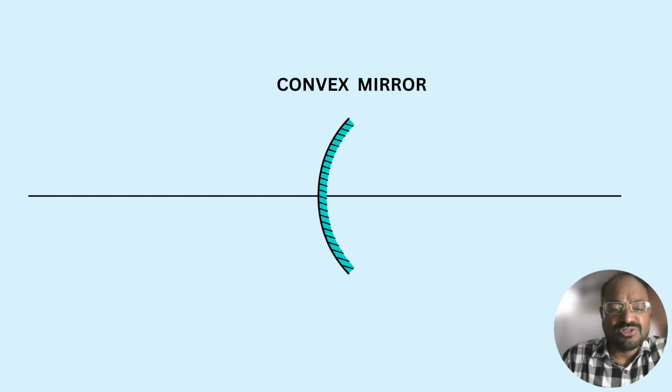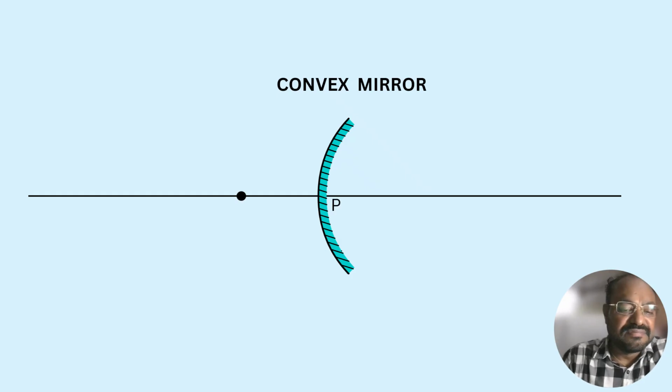Now let us learn how to draw the ray diagram for a convex mirror. First, draw the convex mirror showing the reflecting and non-reflecting surface. Then, as usual, draw a principal axis, a straight line, and the intersecting point of the mirror and the straight line is called the pole of the mirror.